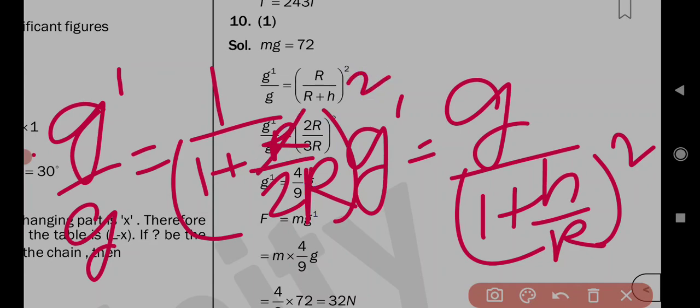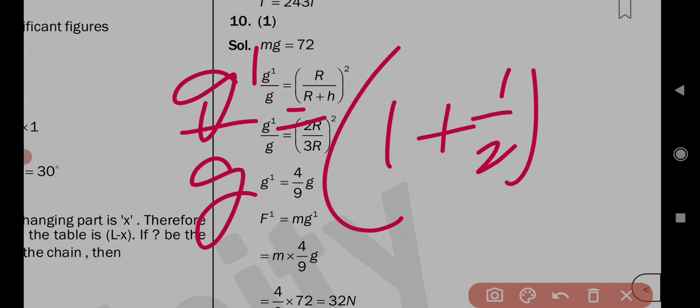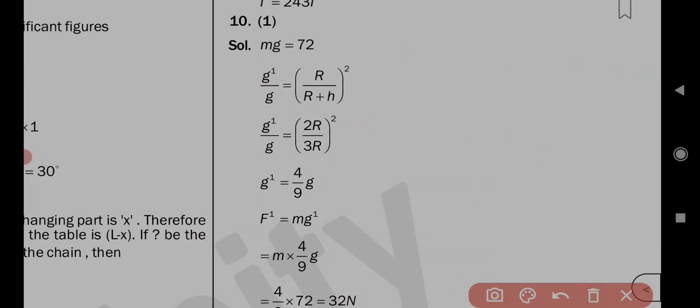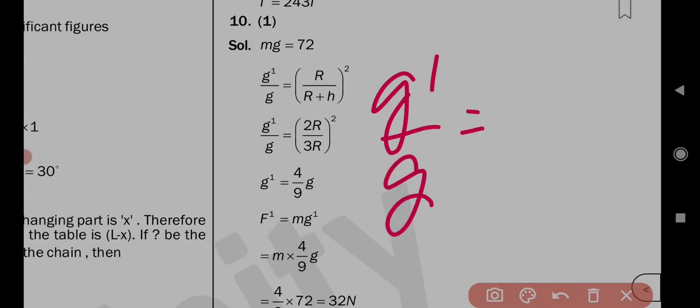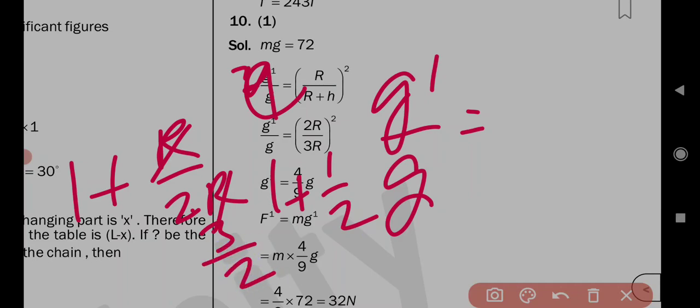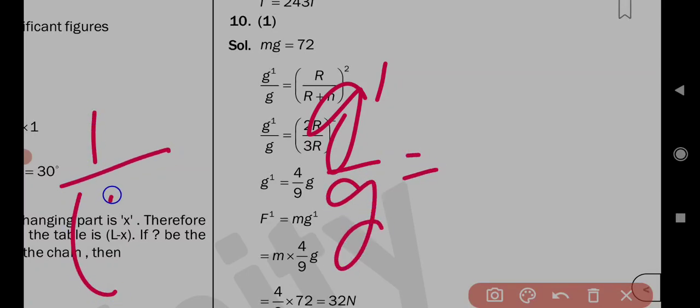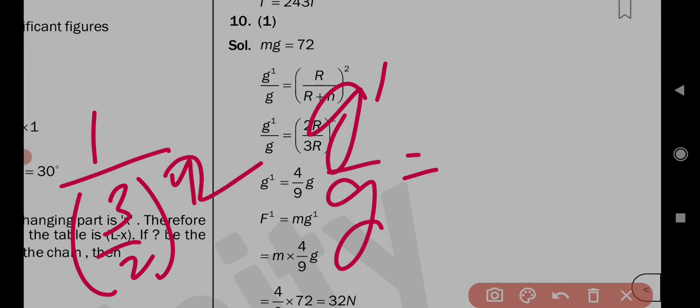This R cancels. So g dash by g is 1 by 1 plus half whole square, which is 1 by 3 by 2 whole square. It goes up, so this becomes 4 by 9.